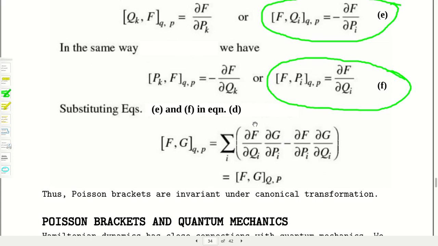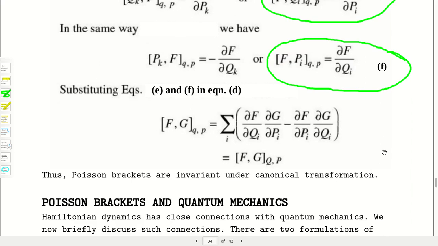Now look at this expression, which is nothing but again a Poisson bracket, but in the new coordinate system, that is Q and P. So this is again the Poisson bracket under the QP coordinate system, which is equal to the Poisson bracket under the old coordinate system, small q, small p, of the same two functions. That is the property of canonical transformation: the Poisson bracket is invariant under the canonical transformation.